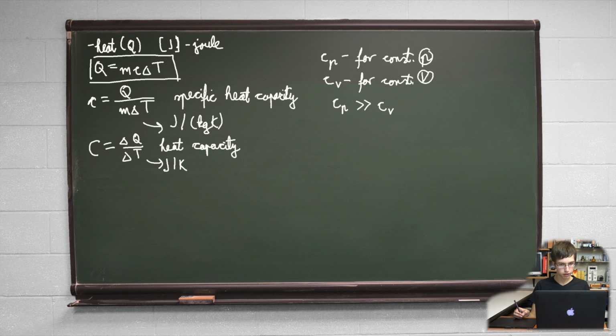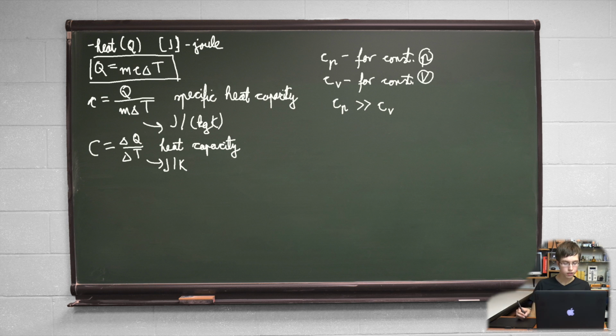Also, there is molar heat capacity, Cm, m meaning molar, which is the amount of heat needed to increase the temperature of a matter sample with amount of substance small n for temperature difference delta T. We have a very similar formula to that for specific heat capacity, but here we have dependence on amount of substance small n rather than on mass small m.